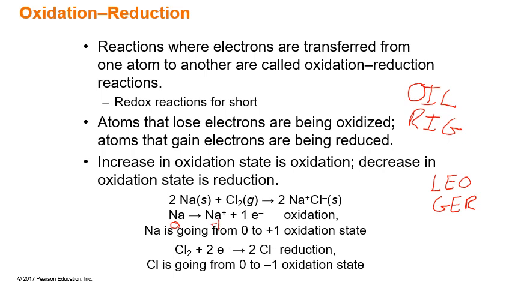And so because we're losing an electron, that is our oxidation. Our chlorine gas, chlorine is the elemental form, and it's gaining electrons to become negatively charged. And so because it's gaining electrons, that is undergoing reduction.